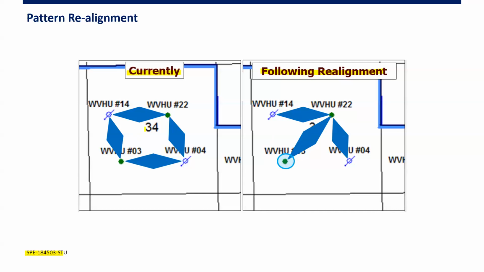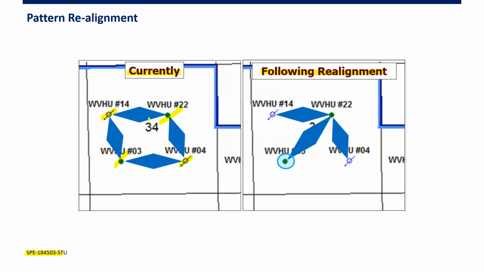So you can see here on the left figure, we have two injectors, and you can see the name of the injectors there. And then we also have two producers there. All right. And of course, there will be some connection between the injector and the producer. It's a direct connection, especially if they are close together.